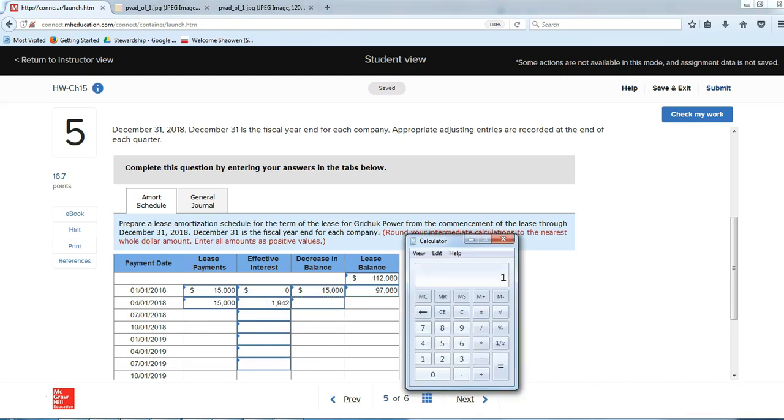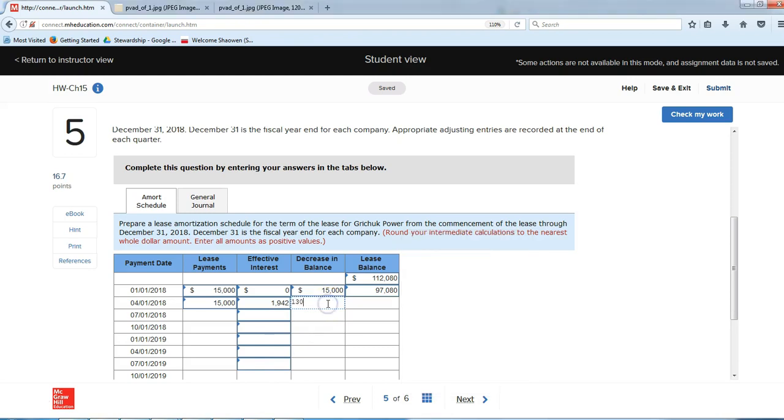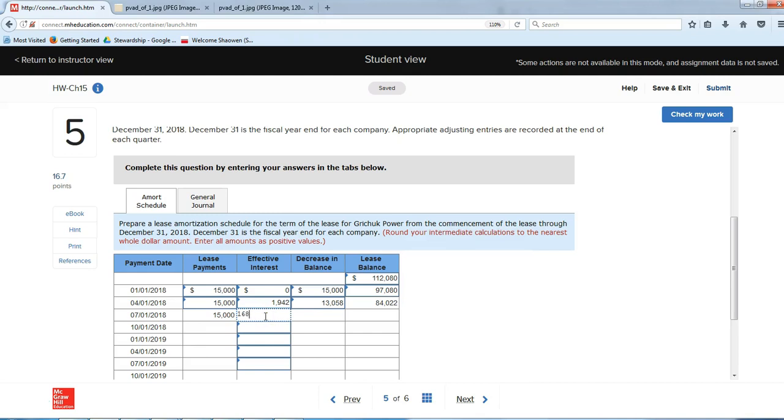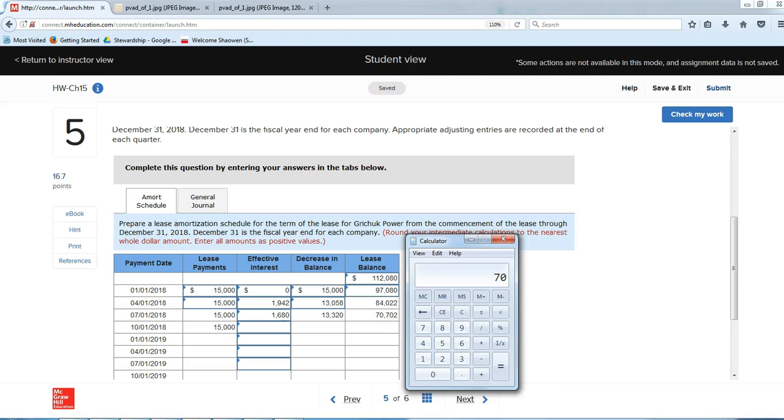The difference between the $15,000 of cash and the interest expense will reduce the lease payable by $13,058. July 1st has another 3 months of interest calculated from the previous balance multiplied by the 2% quarterly rate. And we will do the same for the rest of the quarters.